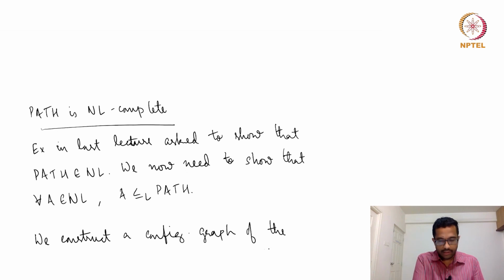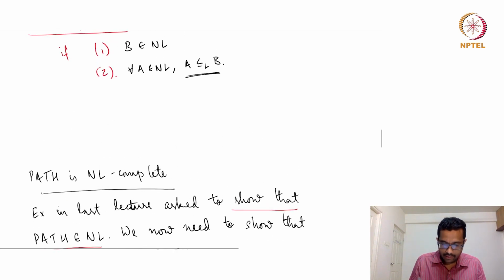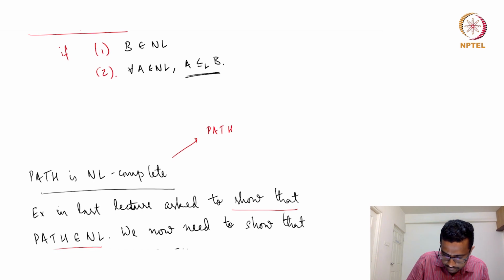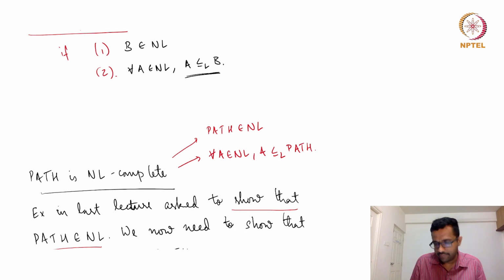To show that PATH is NL complete, we need to do two things: one is that PATH is in NL, and the other is that for all A in NL, A reduces to PATH in logarithmic space.